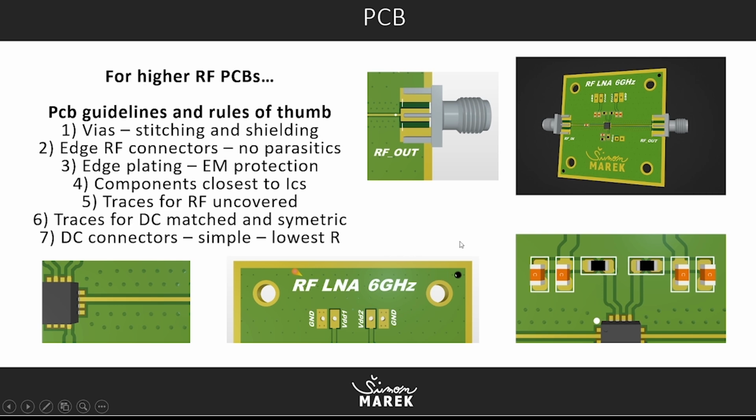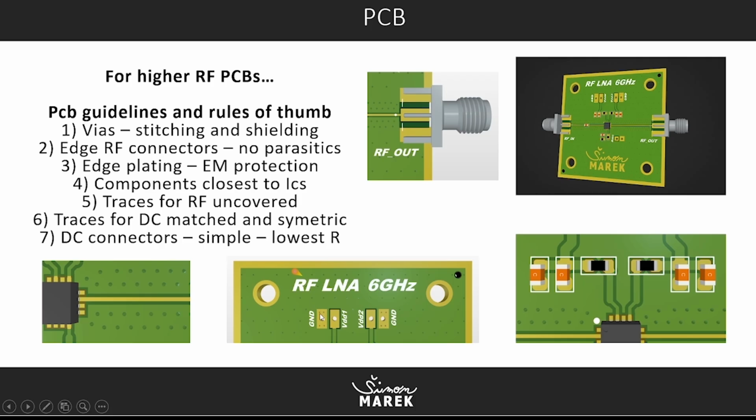Traces in general are matched to 50 ohms, and if we use traces for DC, you can see they're complementary, so it is a good rule to make them symmetric and nice and visually attractive. DC connectors, you can see the DC connectors are here.